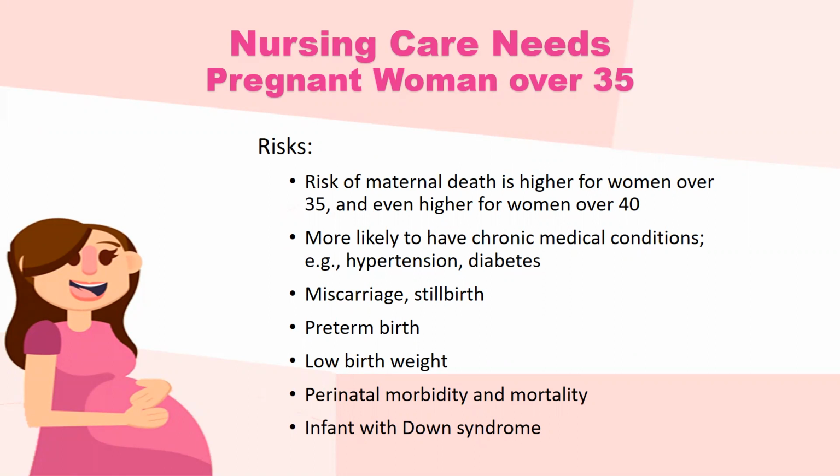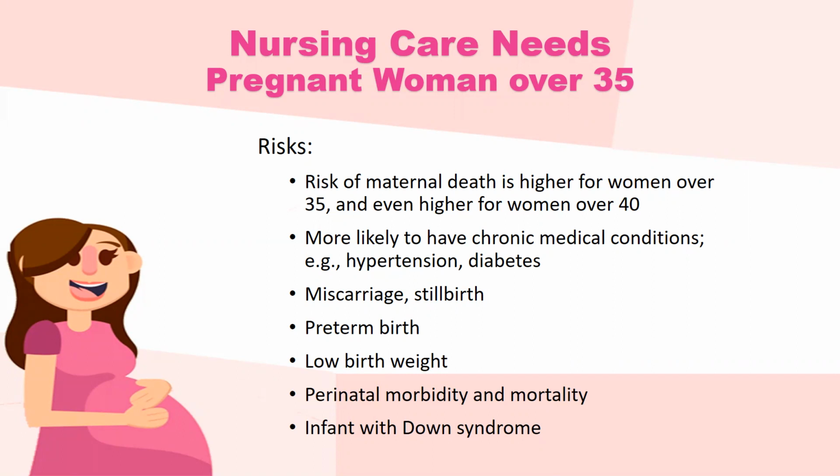Risks include that they may have chronic medical conditions already, like high blood pressure, hypertension, or diabetes. They do have a higher risk for miscarriage and stillbirth, preterm birth, low birth weight babies, perinatal morbidity and mortality, and infants with Down syndrome.